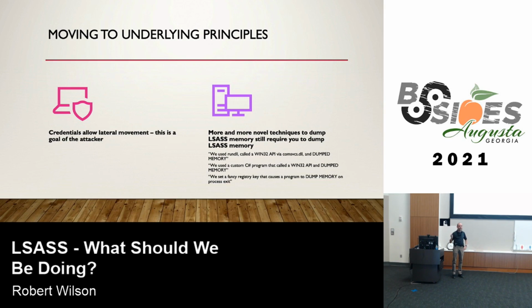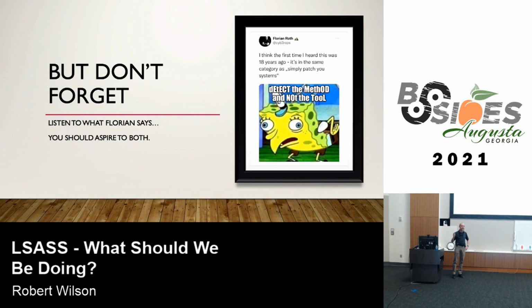However, there was a discussion, I believe on Tuesday on Twitter, where Florian Roth, who is one of the inventors of Sigma, which y'all should also know about, said that just because you're going to detect the method doesn't mean you have to stop detecting tools. Detecting netcat by hash is much faster than detecting an arbitrary port that gets created.